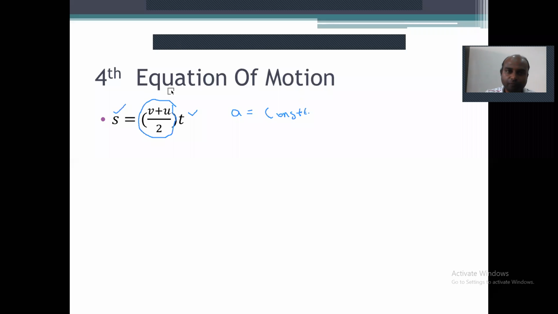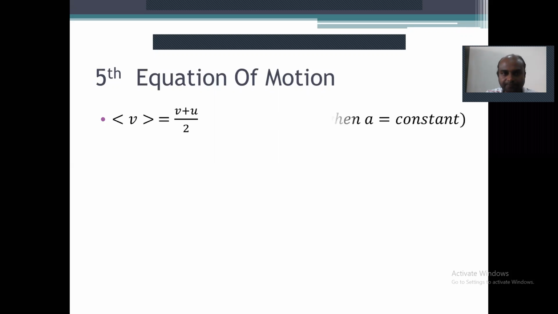Now moving on further, fifth equation of motion. All right, we know that the average velocity of a body moving with an acceleration which is constant is given by the initial velocity plus final velocity over 2.